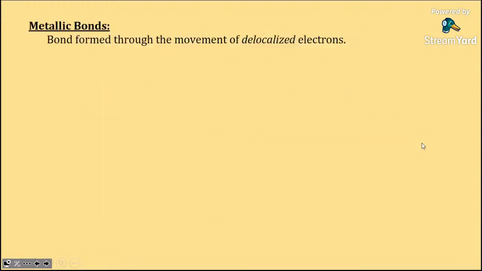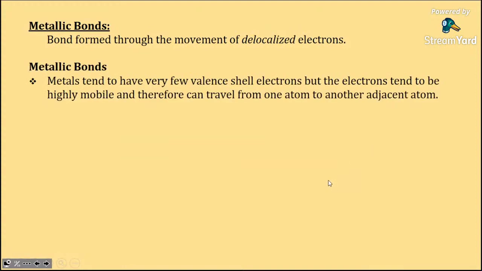So this lastly brings up the idea of metallic bonding. And this is what we have when we're talking about metals, copper, aluminum, etc., and these atoms sitting right next to each other. This is formed through the movement of what we refer to as delocalized electrons. The idea is that metals tend to have very, very few valence shell electrons.